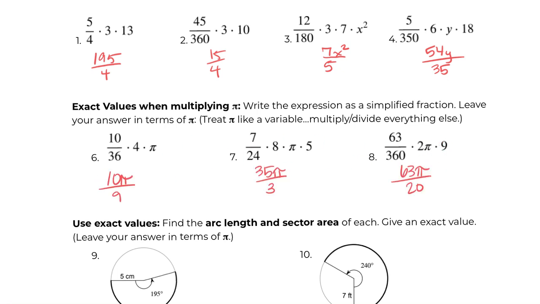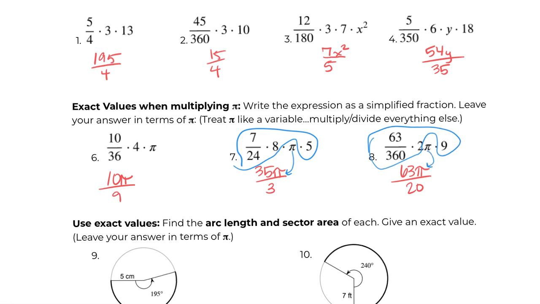Okay, so here are our answers. Remember, you are going to just multiply everything except the pi. Even if pi is in the middle, you multiply everything else, and then at the end, the pi just gets tacked on.